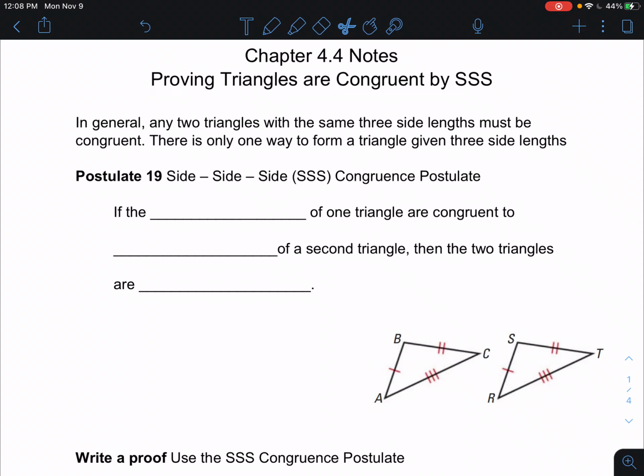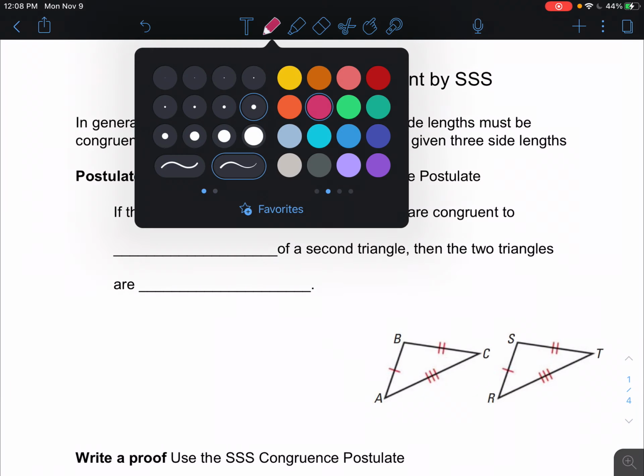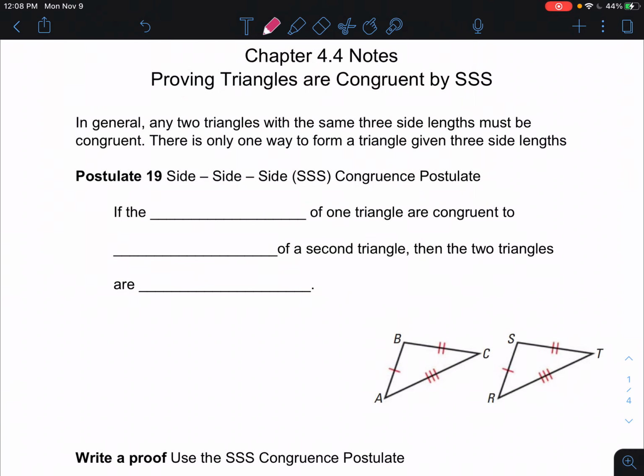So, if the 3 sides of one triangle are congruent to 3 sides of a second triangle, then the two triangles are congruent.